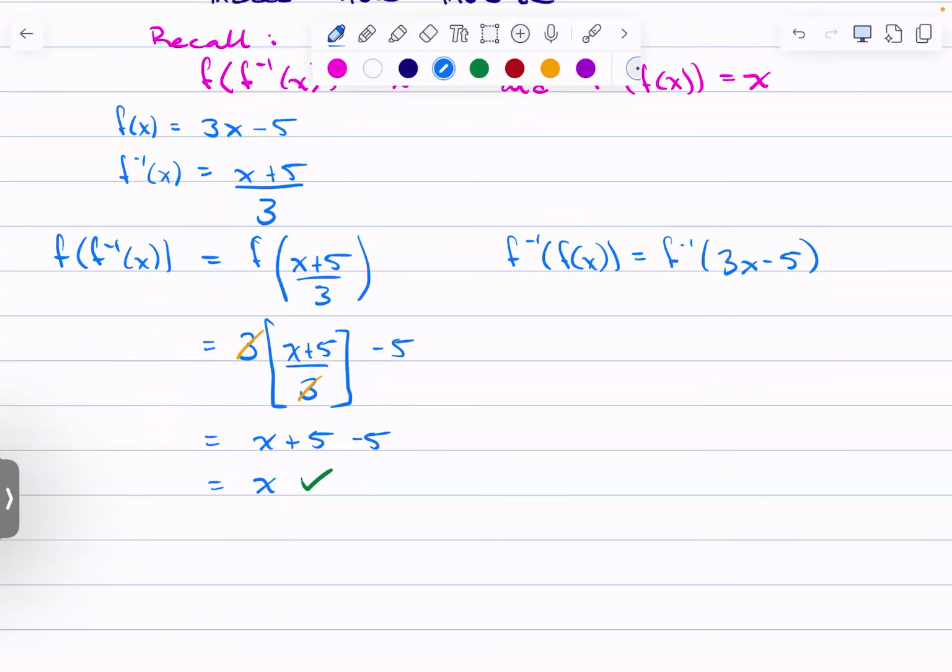And so I get 3x minus 5, plus 5, then divided by 3. When I simplify this, the minus 5 plus 5 will go away. And then I'm left with 3x over 3, which of course is the same as 1x. So again, I get back to x.